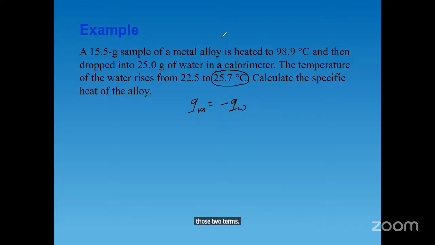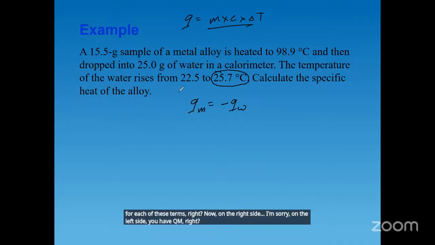Now, let me remind you of the equation that we're going to use up top here. And that equation is Q is equal to M times C times delta T, right? What I'm going to do is write down this expression for each of these terms, right? Now, on the left side, you have Q_M, right?